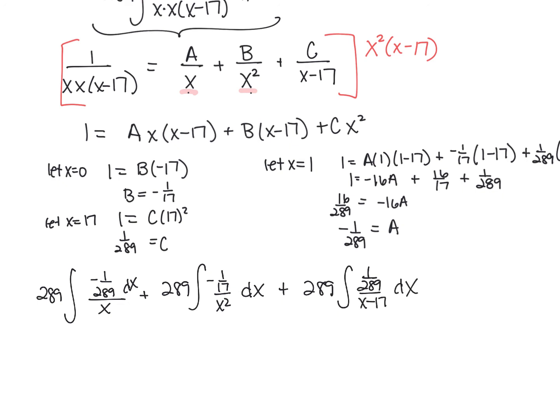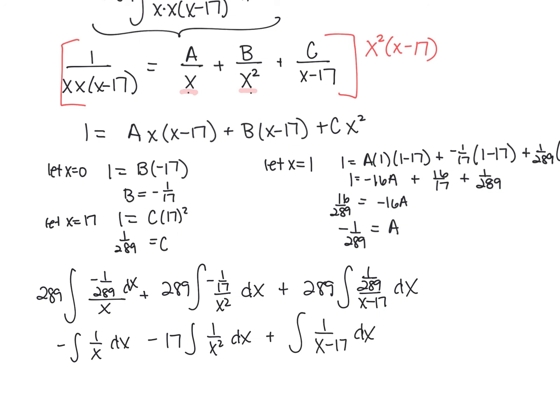Now, the beauty of this is this one just gives me negative the integral of 1 over x dx. This one, if I divide 289 by 17, we get 17, so I really just have negative 17 times the integral of 1 over x squared, plus that one goes away, so that would be the integral of 1 over x minus 17.